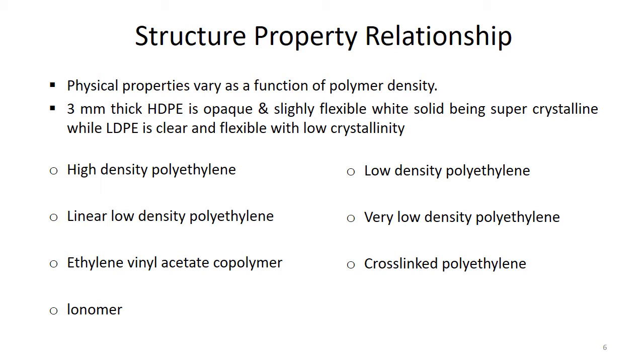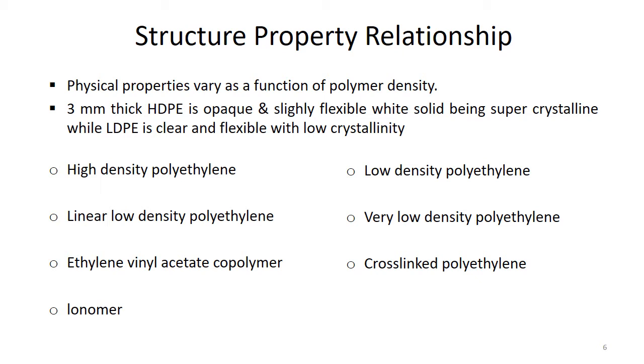Okay, let's discuss the structure-property relationship of these different structural variants of polyethylenes. Basically, the physical characteristics of polyethylene resins vary widely as a function of their density. The density of polyethylene is highest when it has very few branches to hinder the crystallization process.